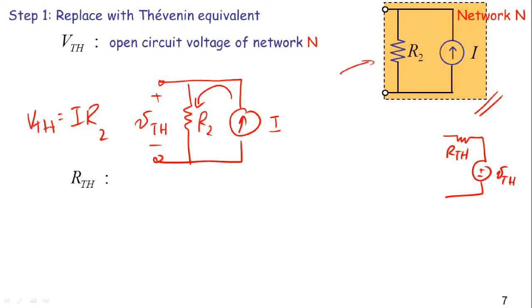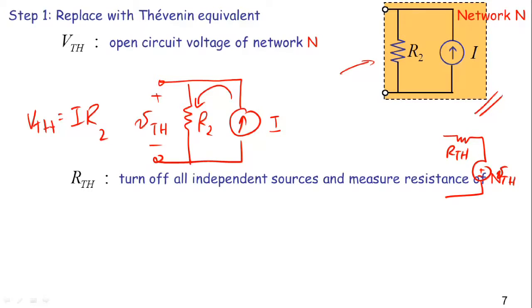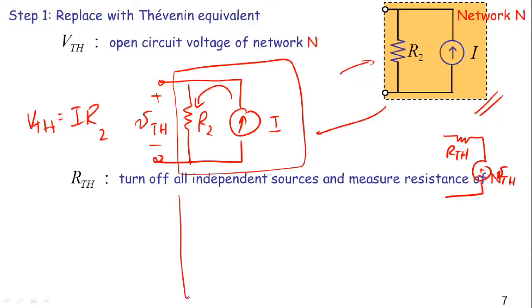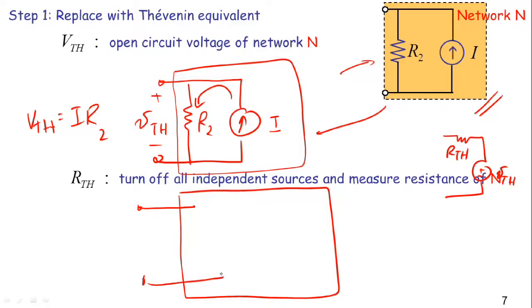For the second step, I need to find out RTH. The way I'm going to find RTH is to turn off all the independent sources inside network N and then measure the resistance looking in. This was my network from before. This corresponds to this network. I'll do the same now. I'm going to put my network in there, and the difference is that I'm going to turn off all the independent voltages and currents inside that network.